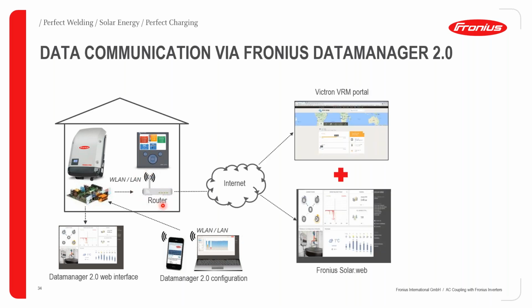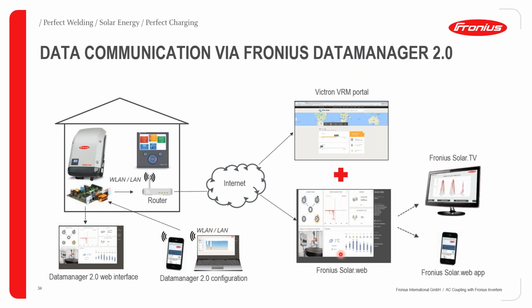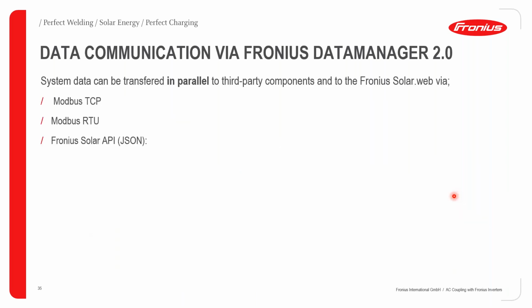With an internet-enabled device, in this case a router, you can view this system on the VICTRON VRM portal, or, as earlier said, on the Fronius SOLAR.WEB portal. In addition to this, you can also display your system on your screen using the Fronius Solar.web TV Access portal also.